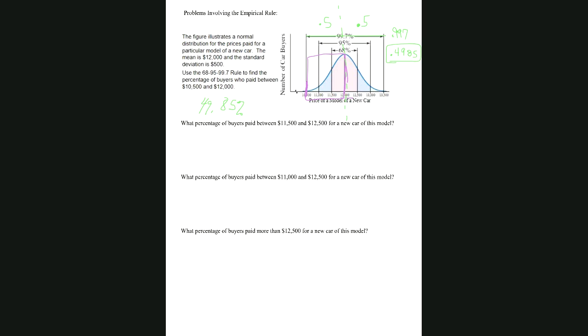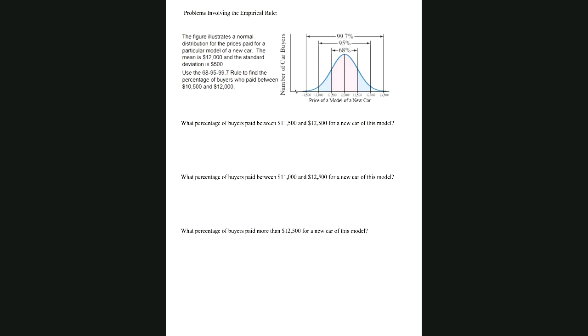All right, what percentage of buyers paid between $11,500 and $12,500 for a new car of this model? I'm going to go ahead and clear so that I can have a clear diagram.